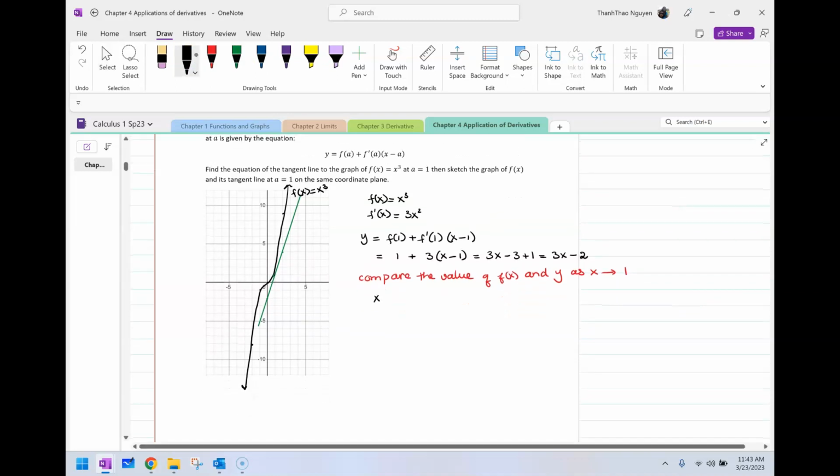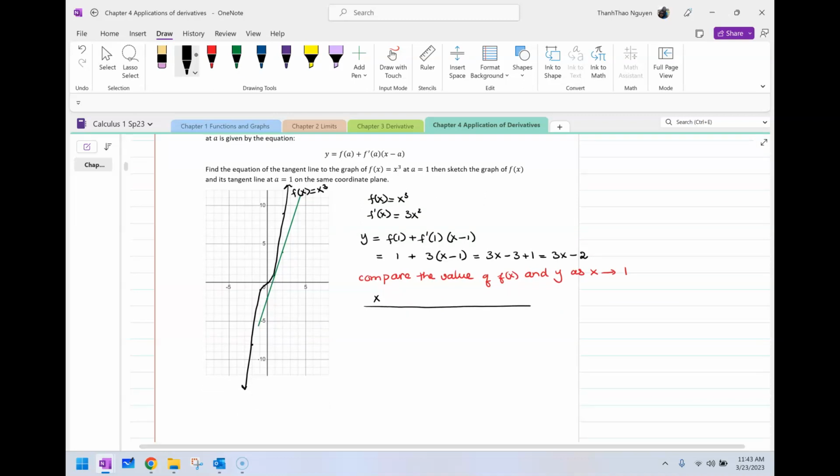Here's x, and we want x equal to, on the right side, 1.1, 1.01, 1.001, at 1.